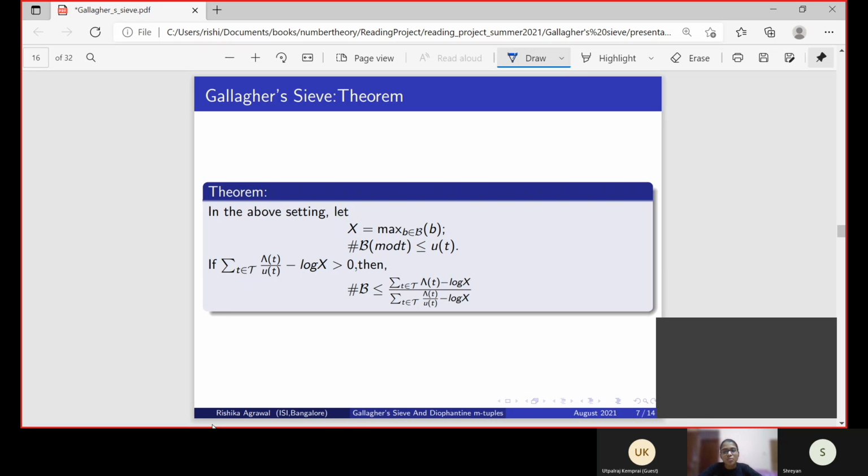This bound uses the von Mangoldt function, and it considers the von Mangoldt function because we want to consider all the prime powers. This is one important function that has some value for a prime power and is 0 for all other cases.